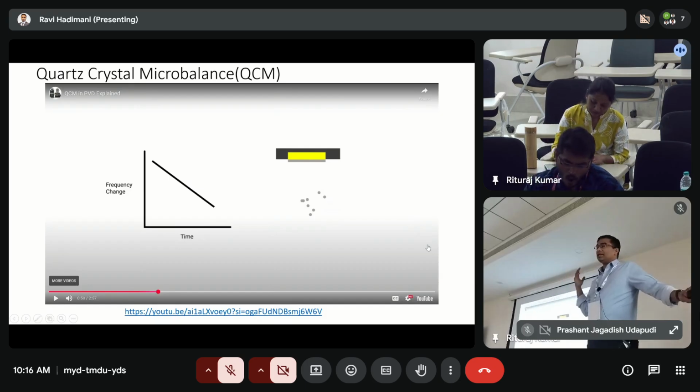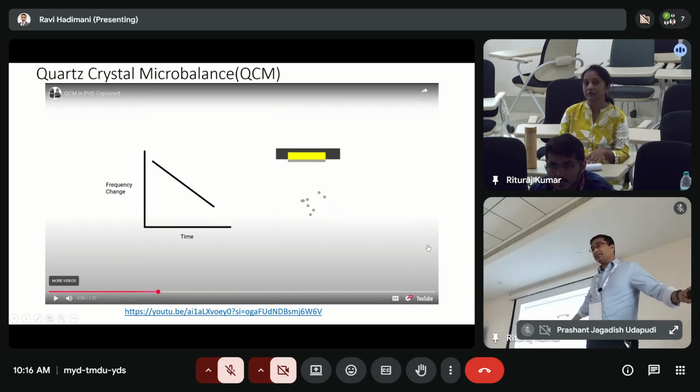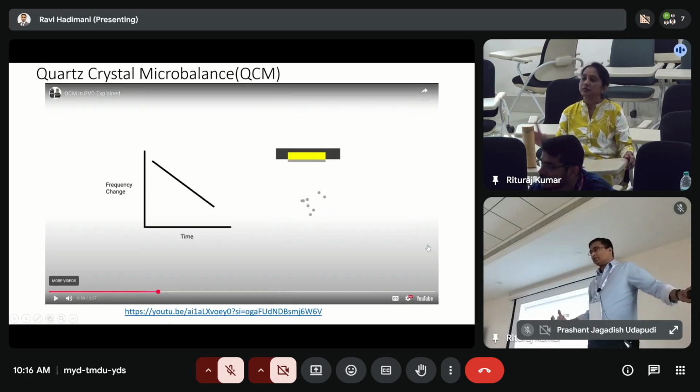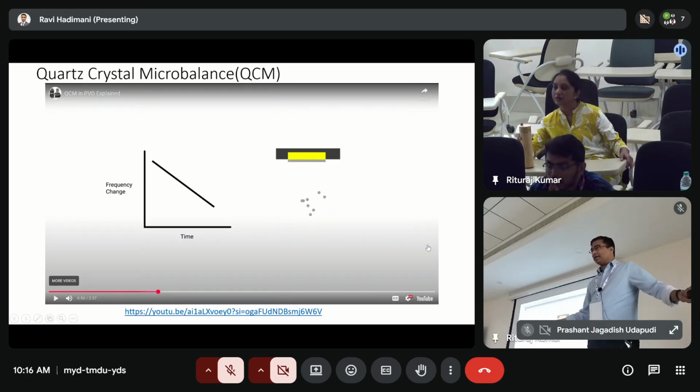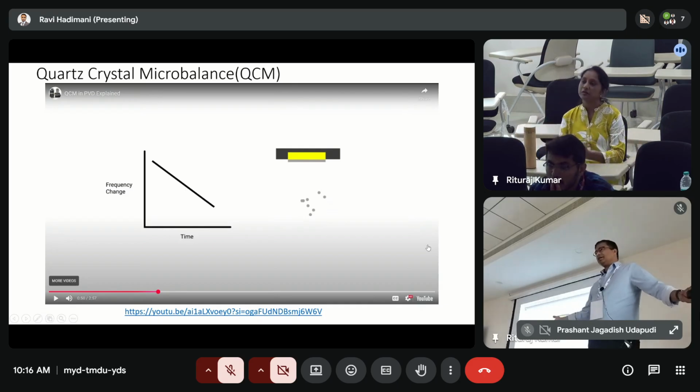Some systems can take well over 1 hour if it is 10 to the power minus 9 torr. In some equipment, you need 10 to the power minus 9 torr, which is ultra high vacuum. For those, you need to pump for 1 hour to get that vacuum. So if you break the vacuum, you have to wait for another hour.